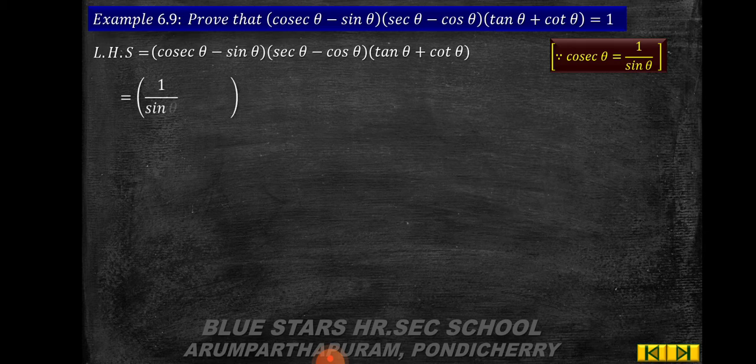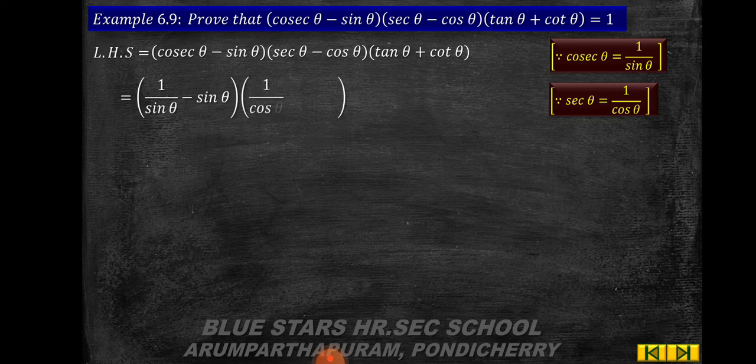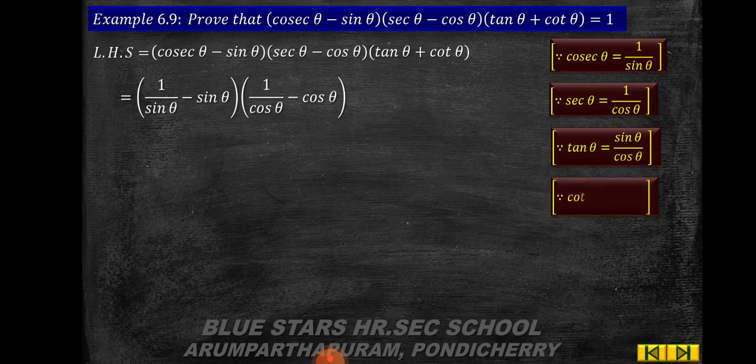So 1 by sin theta minus sin theta, and secant theta is nothing but 1 by cos theta, so 1 by cos theta minus cos theta. Then tan theta is nothing but sin theta by cos theta, and cot theta is cos theta by sin theta.